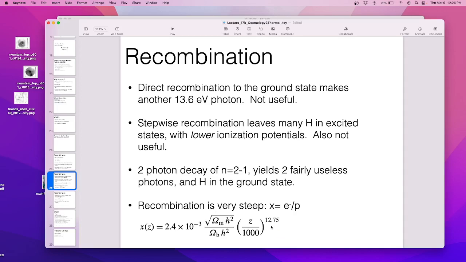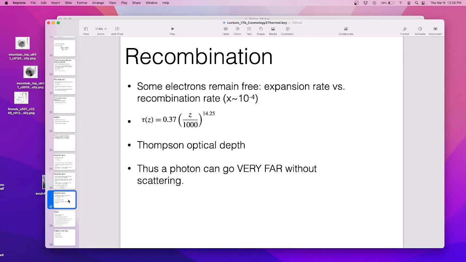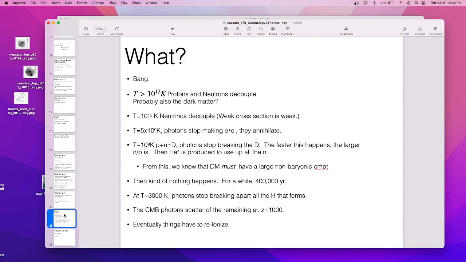The important bit is that the recombination is really steep and really fast, and it happens about here. And then we can see through the universe.